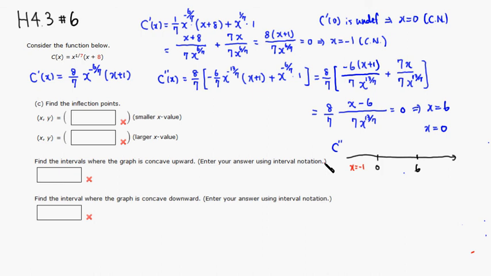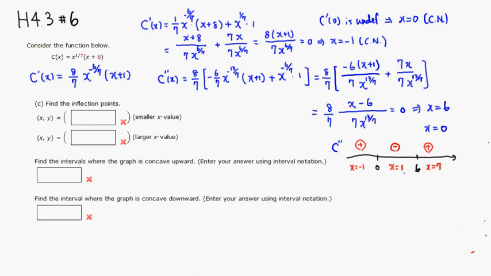Negative 1 minus 6 is negative, and negative 1 to the 13th power is negative, so a negative divided by a negative is positive. Anything bigger than 0 and less than 6, try 1. 1 minus 6 is negative, the denominator is positive, so it's negative here. Anything bigger than 6, I'll try 7. That's positive, so we have a positive there.